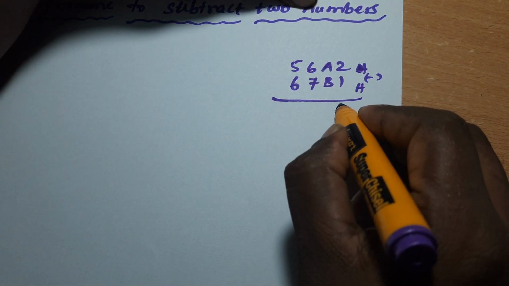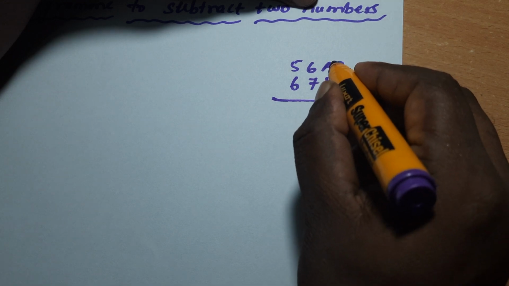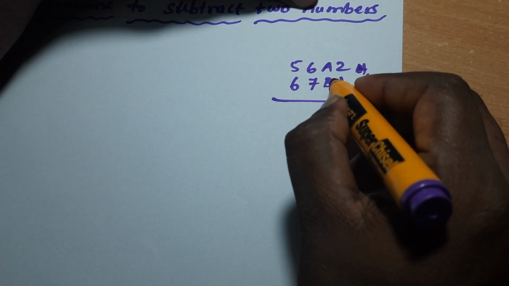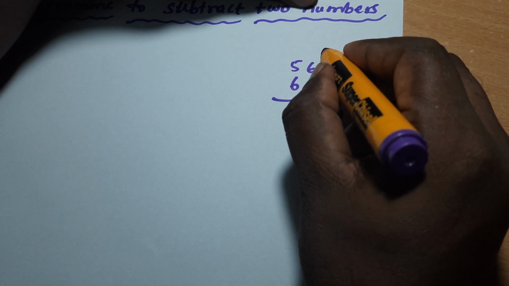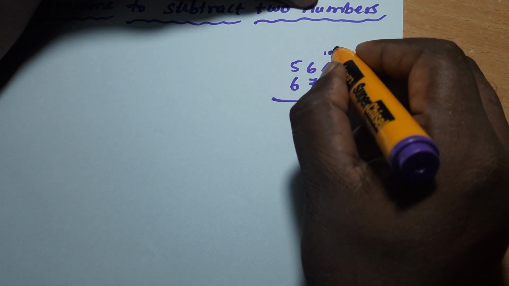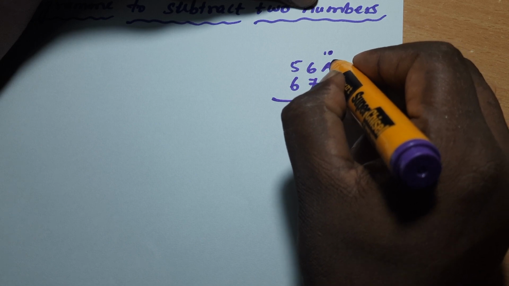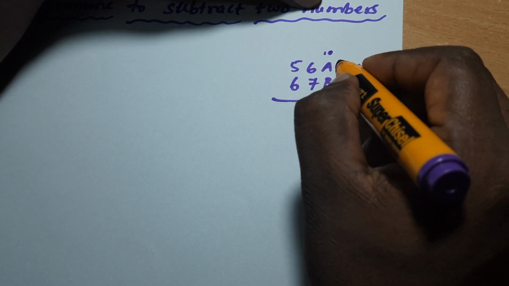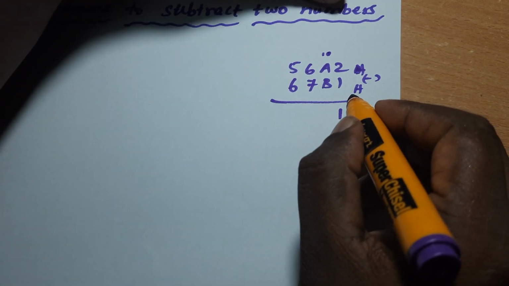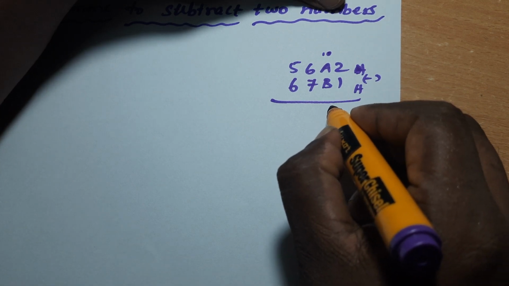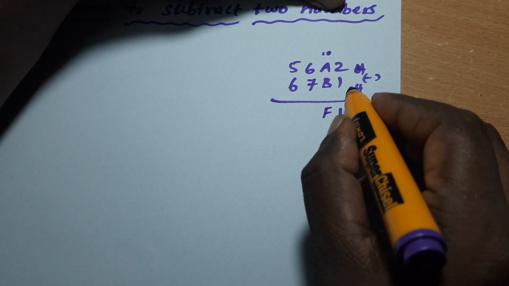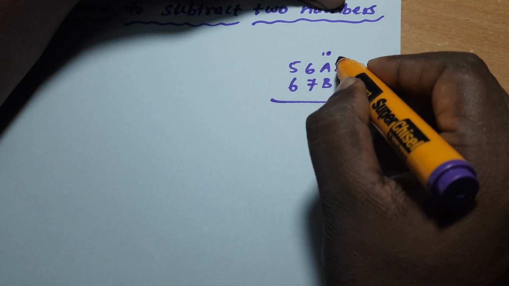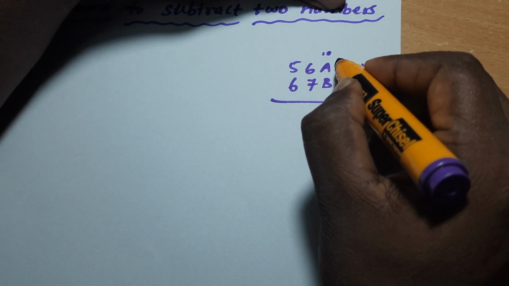Now 2 minus 1 is 1. Then 10 minus B, that is 10 minus 11, is not possible, so we need to borrow one number. If you borrow one, it is 16, not 10, it is 16. 16 plus 10 is 26. 26 minus 11 is 15, so it is F. Let me make it clear again.